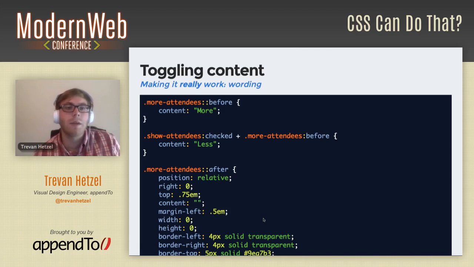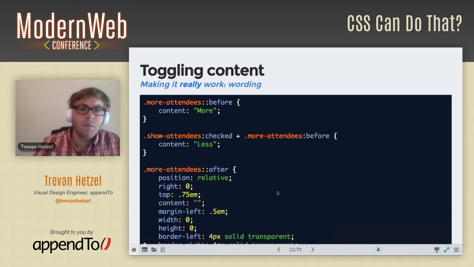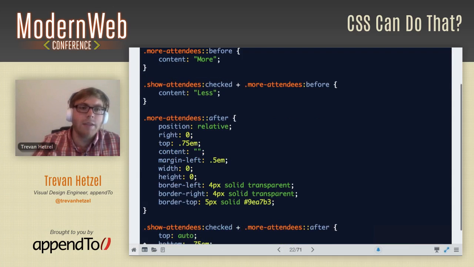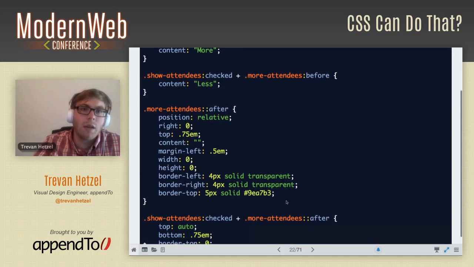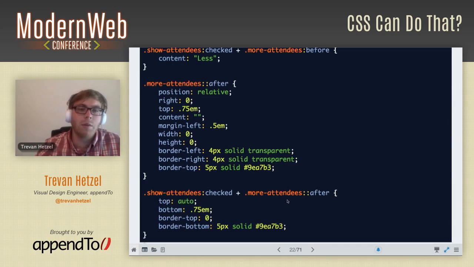More or less, right? And then this is, I just kind of added this. This is just a pure CSS arrow, just to show, hey, you can toggle this down or you can put it up, and that's done just by utilizing this border technique, setting the border left and right to transparent, and the border top to a solid color.